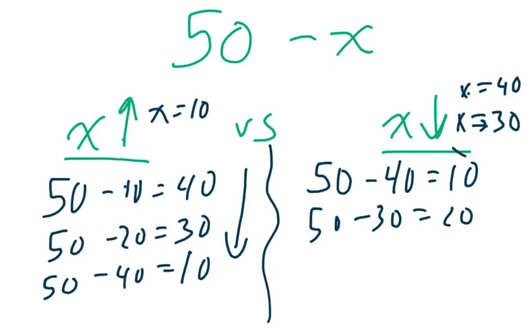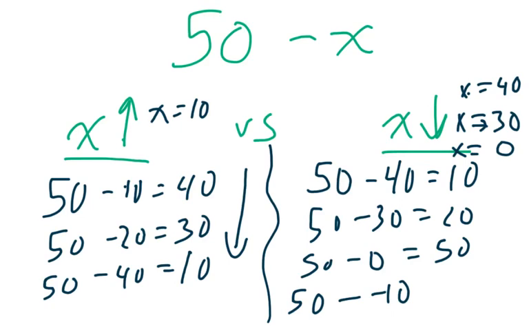Now, let's try a smaller number. Let's try 0. 50 minus 0 is 50. Now, what's the number smaller than 0? Say negative 10. So 50 minus a negative 10, minus a negative turns into a positive, which now gives you 60. So as x is decreasing, your overall expression is increasing.